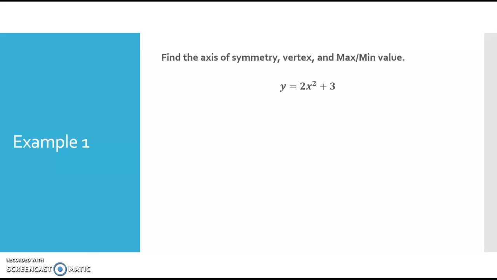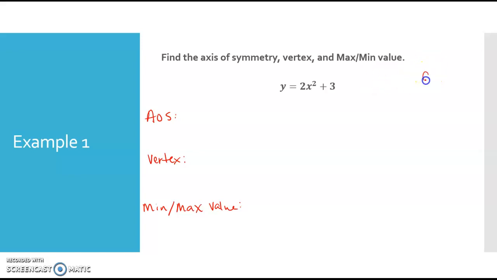These next couple should go pretty quickly. We want to find the axis of symmetry, so AOS, the vertex, and a min or max value. Okay, so this is how this works.